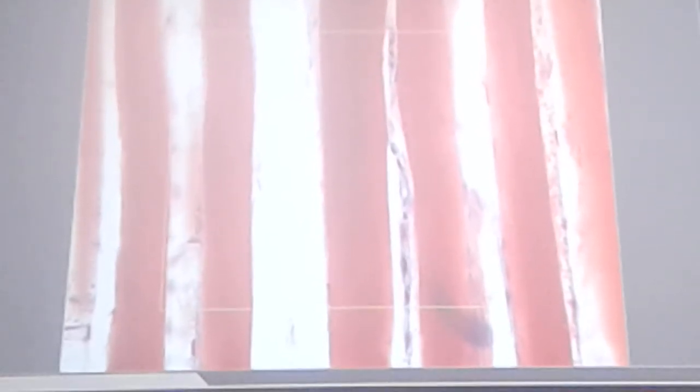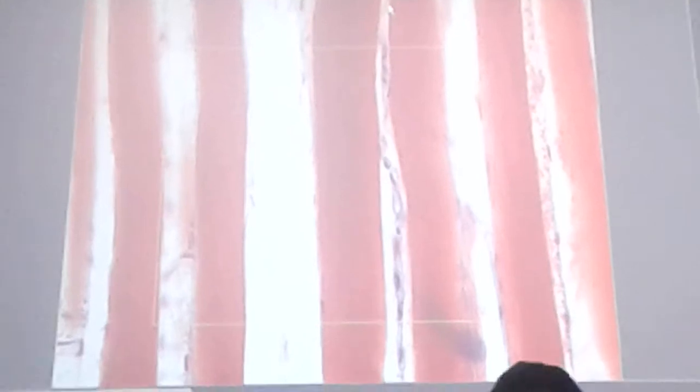And as I have told you, each muscle fiber is surrounded by an endomysium, which has connective tissue components. Okay, the second muscle type is the cardiac muscle.